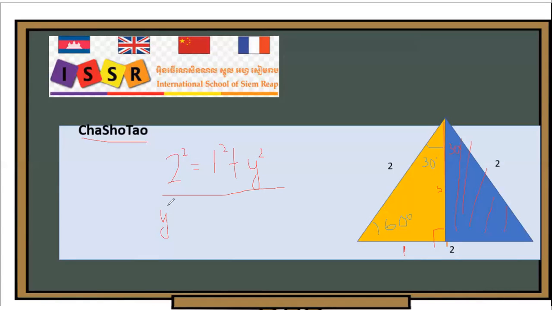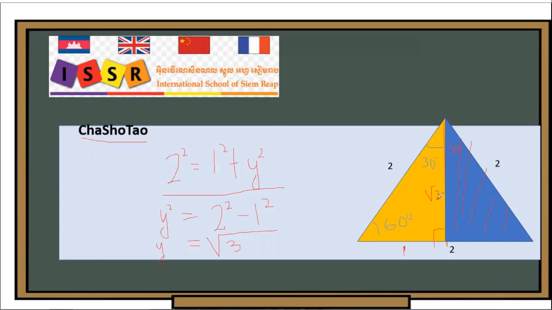Then y squared is going to be equal to 2 squared minus 1 squared. You have done Pythagoras theorem in the lower classes already. So the square root of 4 minus 1, the square root of 3, is the value of y. So this side is square root of 3, isn't it? Don't bother yourself looking for what the root of 3 is. I just want to derive a formula here.